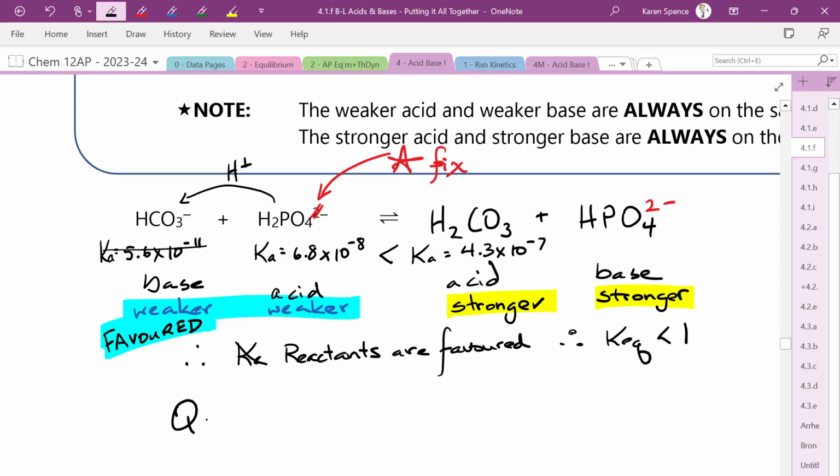So you have a quiz Monday on all things Bronsted-Lowry, so section 4.1, and 4.2D.